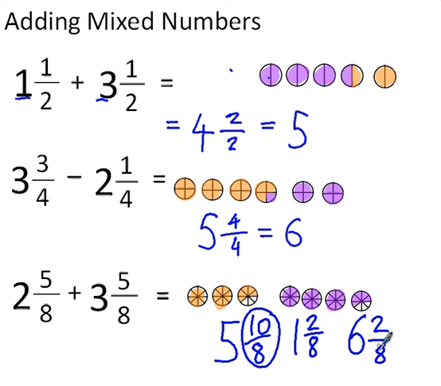Let's just check. So diagrammatically, 1, 2, 3, 4, 5. And then if you count up the extra 5/8 here and the extra 5/8 there, I'm going to have 10/8, which means that I'll have another whole one plus 2 more.